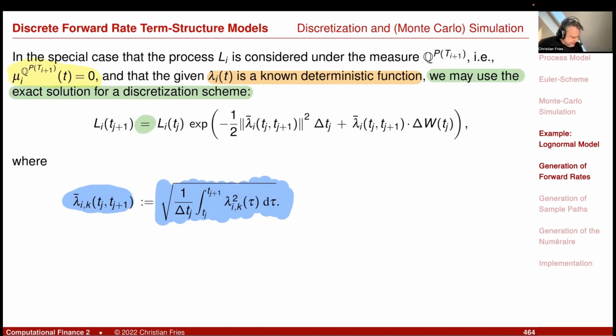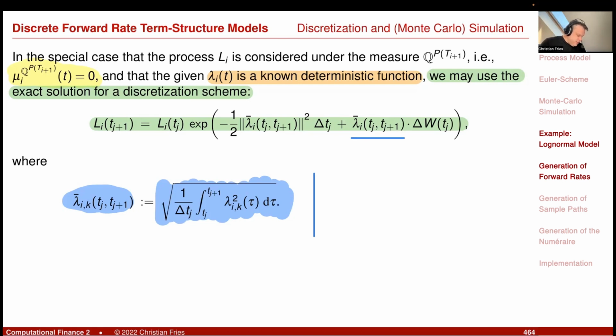So I have here an exact solution, where I use as the coefficient something like the square root of the effective, the average accumulated variance.